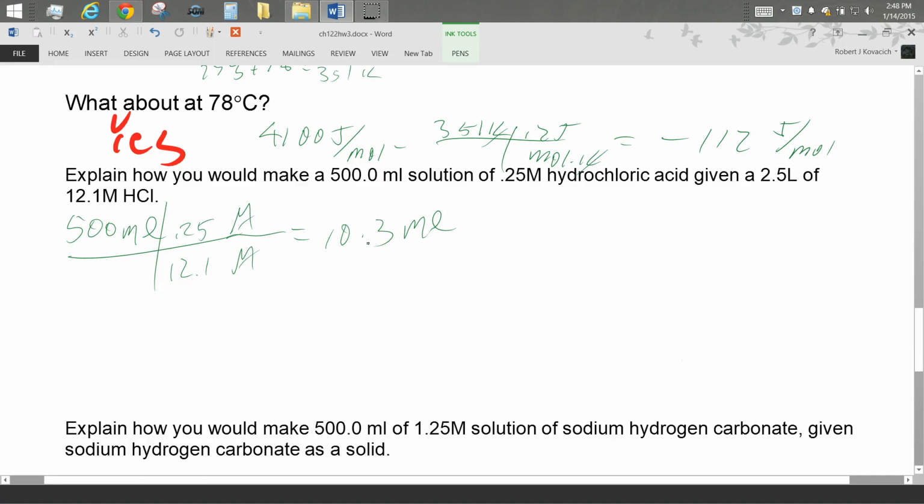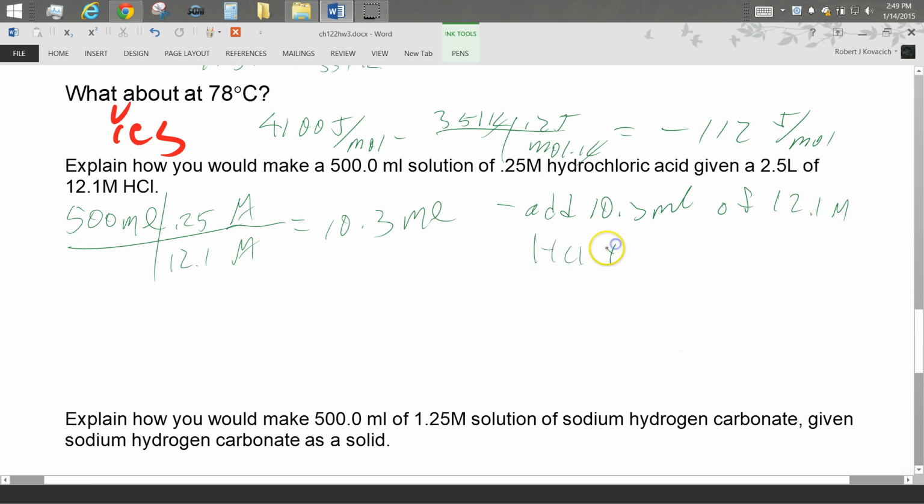So that actually didn't answer the question, though. To answer this question, you need to say something like, add 10.3 milliliters of 12.1 molar HCl to a 500 milliliter vol flask.